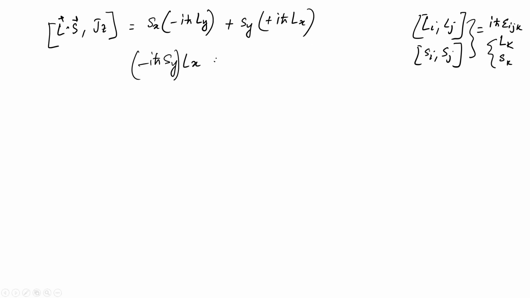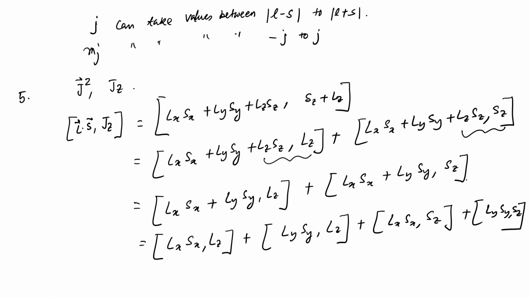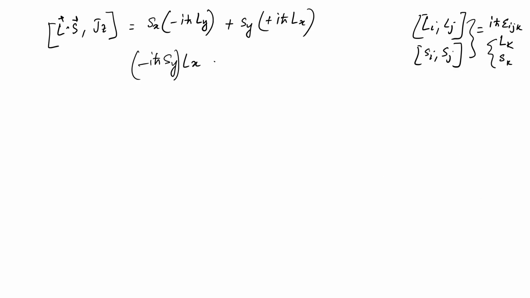And what is the last term? That is Ly Sy Sz. So this is equal to iħ Sx Ly plus iħ Sx Ly, and you see that they cancel. The first term cancels with the last one, and the second one cancels with the third one, and then we have it equal to 0, which means that Jz commutes with H2 prime.